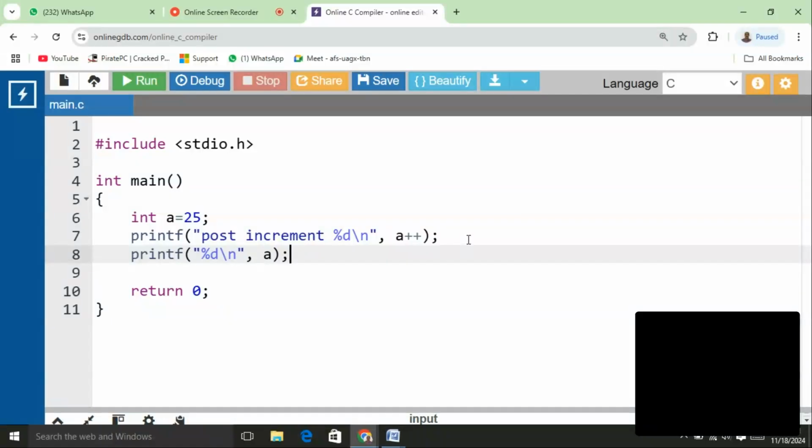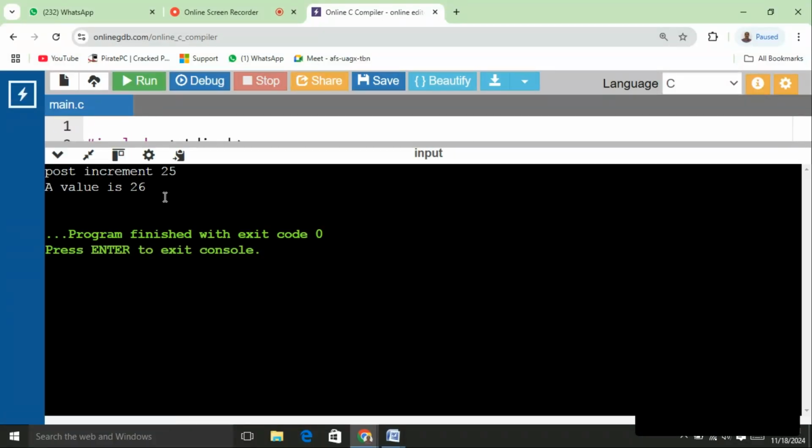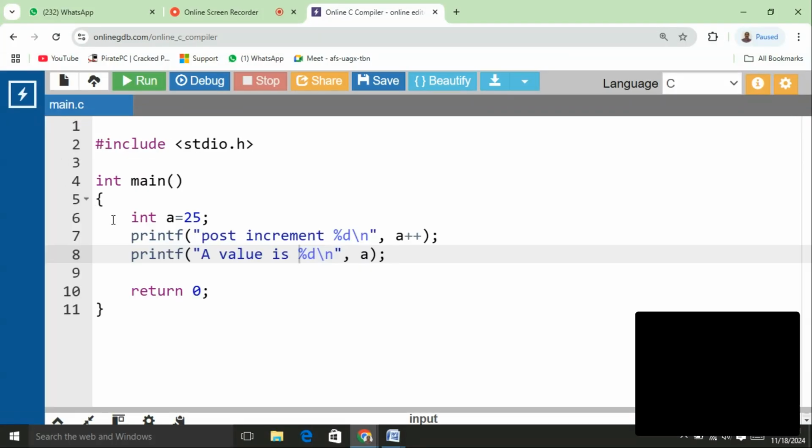Please observe that I write "a value is". Now in the first statement the a value is 25, in the second statement it is 26. This is the best example for post increment.